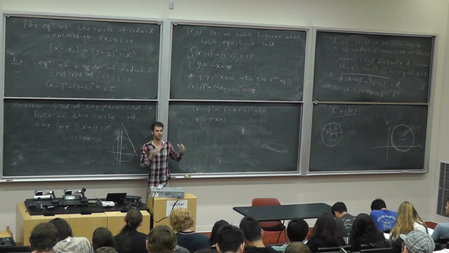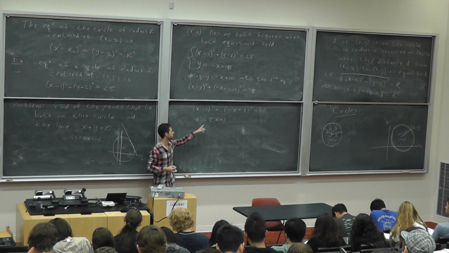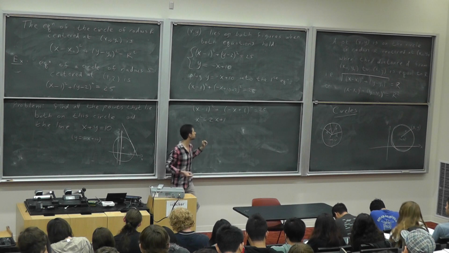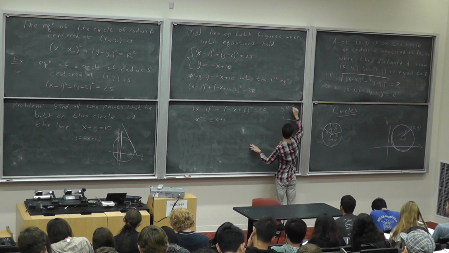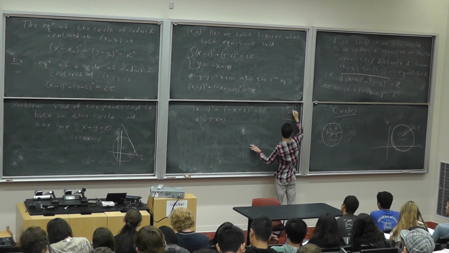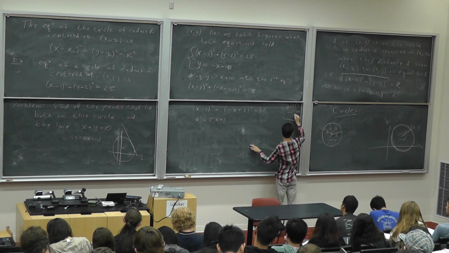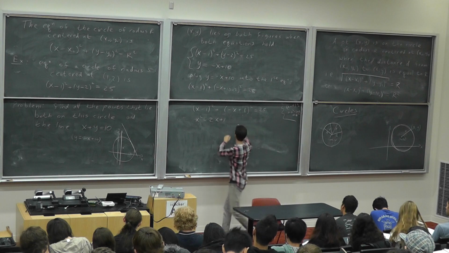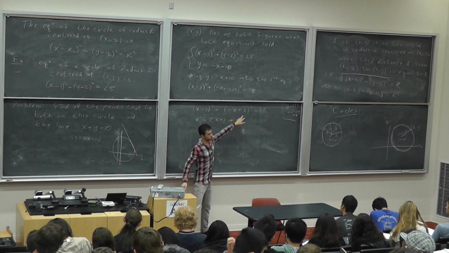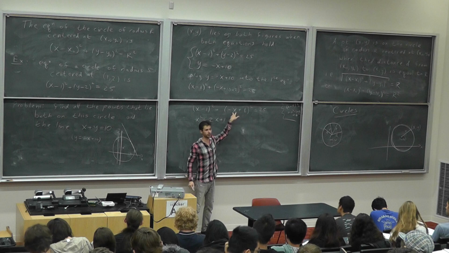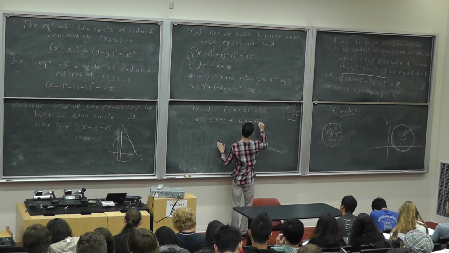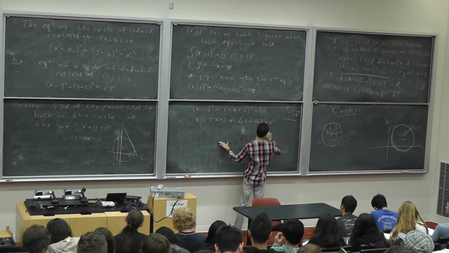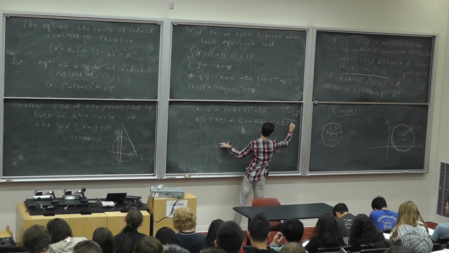I'm using the formula that a minus b squared is a squared minus 2ab plus b squared. Plus, here I have a similar thing, 8 minus x squared, so plus 64 minus 16x plus x squared is equal to 25.